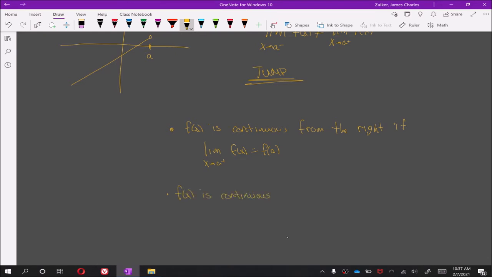Right, it's continuous from the left if the limit as x approaches a from the left is equal to f of a. And a function that is both left-handed and right-handed continuous at the point A is continuous at the point A.